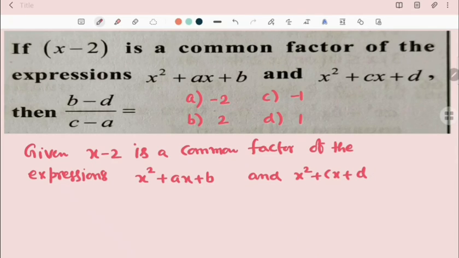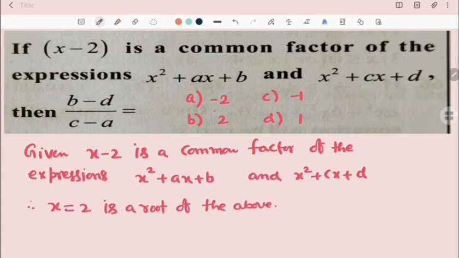So whenever it is a common factor, it should satisfy; it is a root of this quadratic equation. That is, x is equal to 2 is a root of the above.